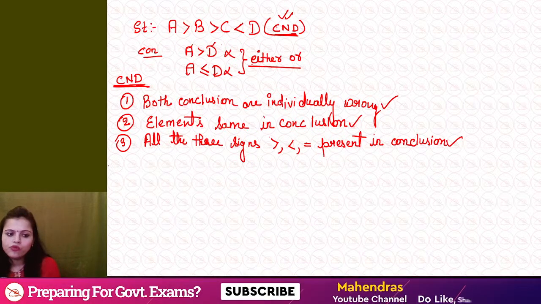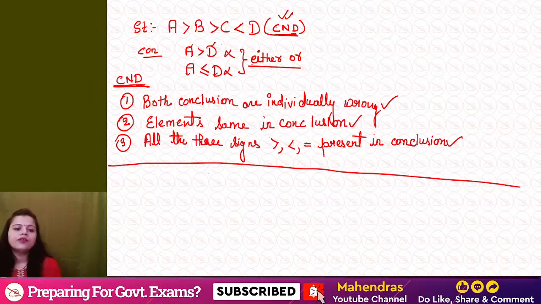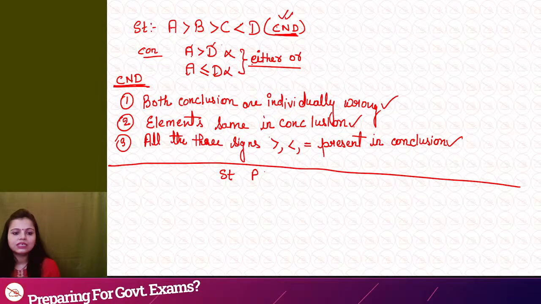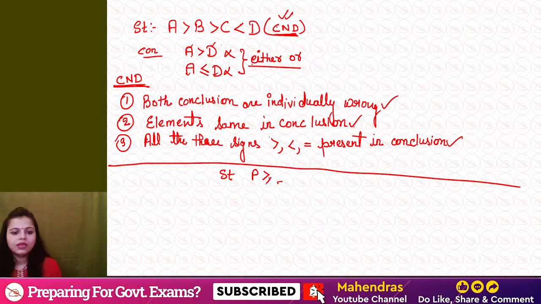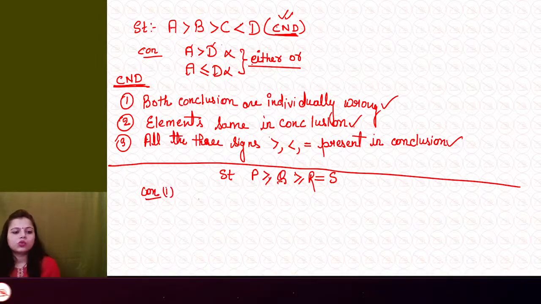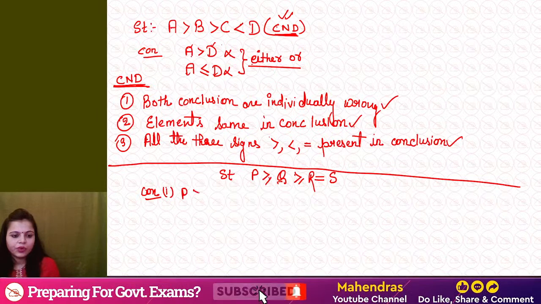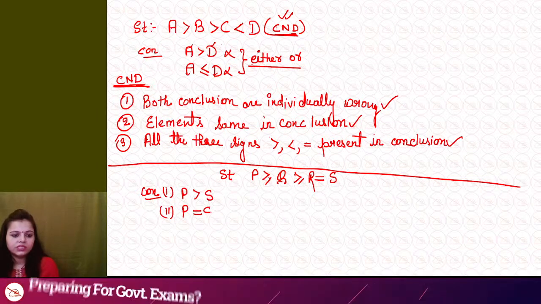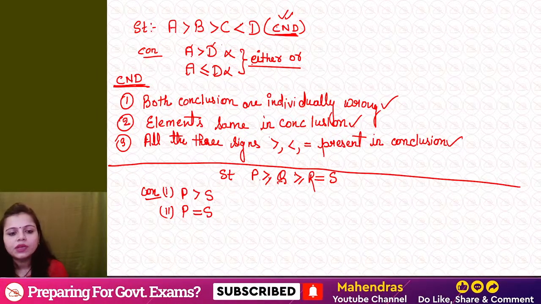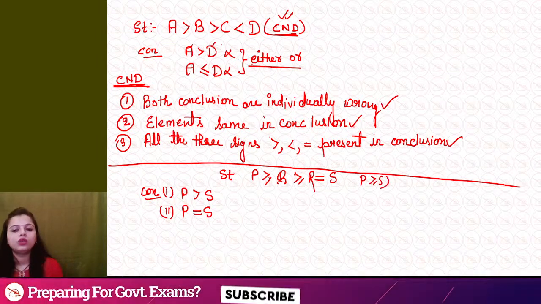Now, one more rule for either or. If the statement is P greater equal to Q, Q greater equal to R, R equal to S, and the first conclusion is P is greater than S, and the second conclusion is P equal to S. In this case, just see, according to the statement between P and S, we are getting P is greater or equal to S, right?